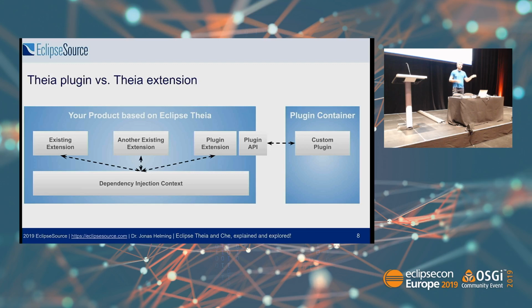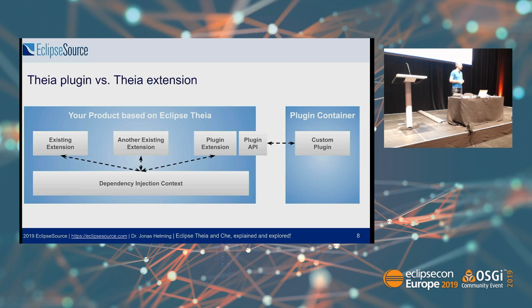Now, before Theia created its own new plugin API, they did something very clever, and that is they looked at VS Code, because VS Code has exactly this approach. It has a plugin API, and it also runs plugins in a separate process. And the good decision that I really love is that instead of inventing a new API, the Theia plugin API is compatible with the VS Code one.